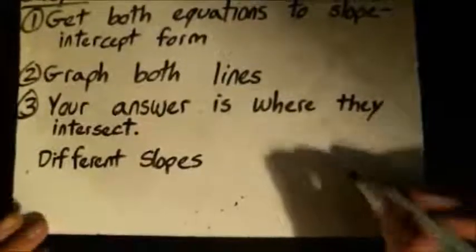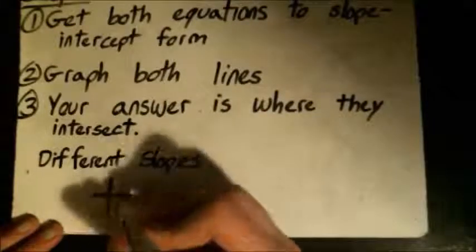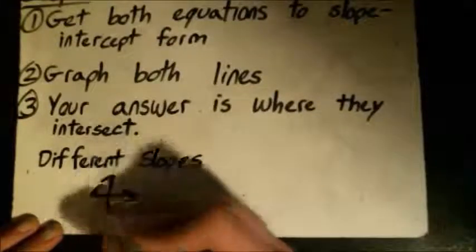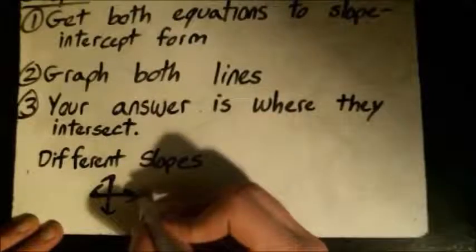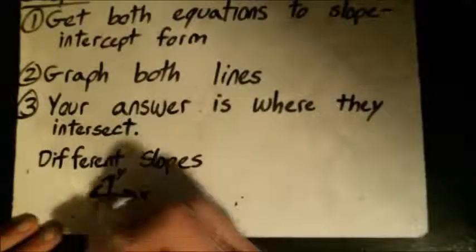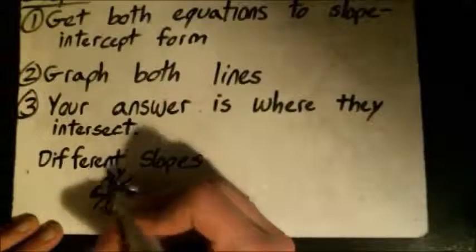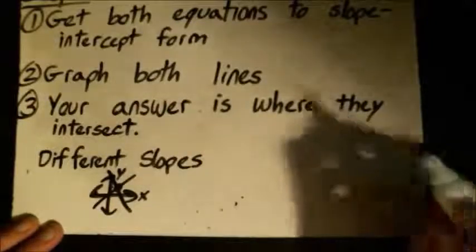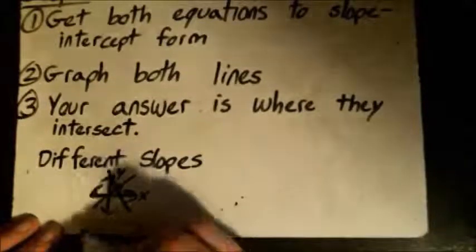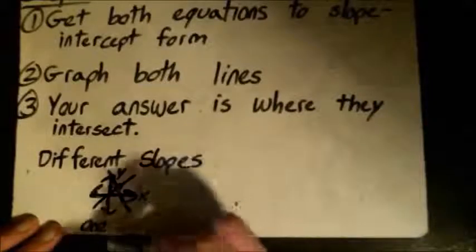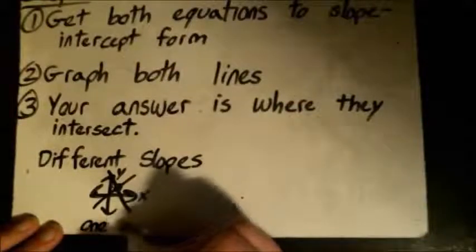If you have two lines with two different slopes, if these were your x and your y, most of your answers are going to look something like that, where you've got two lines and they're intersecting at one point. So if you've got two different slopes, you're only going to have one answer.